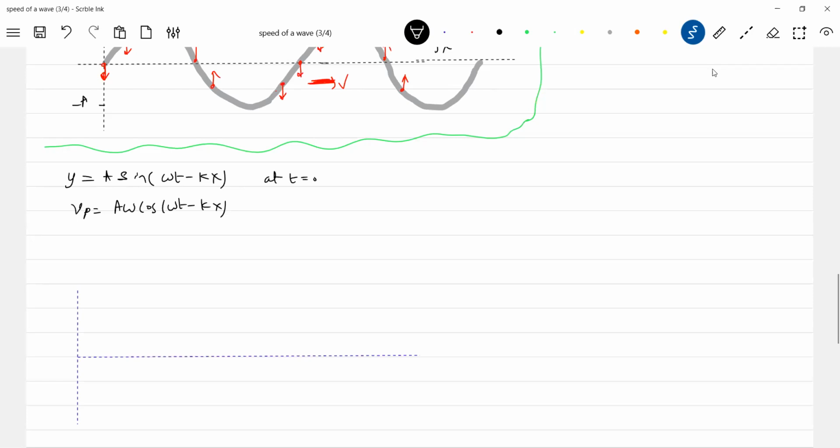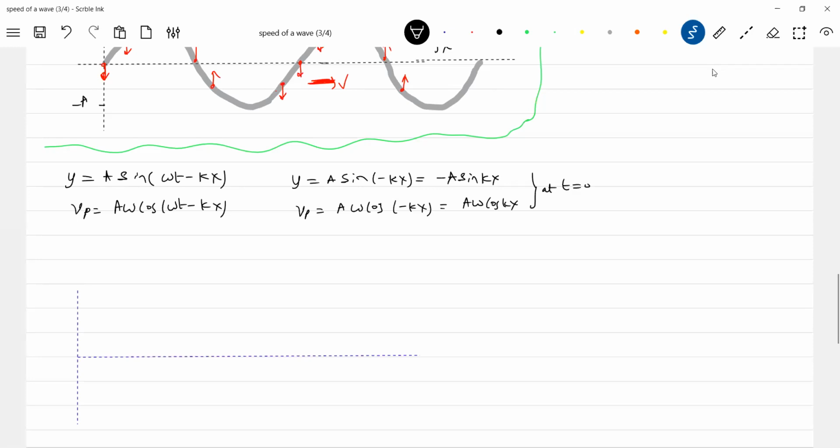Then at t equal to 0, this will be a omega cos kx. This is at t equal to 0.